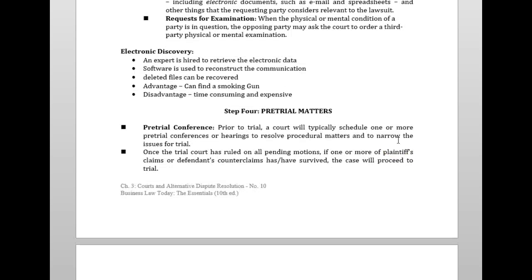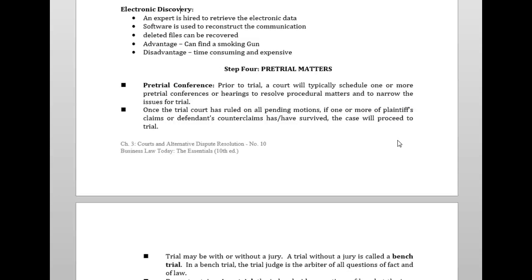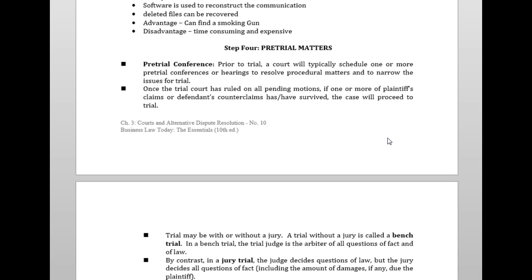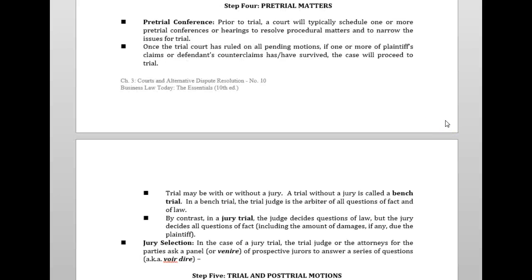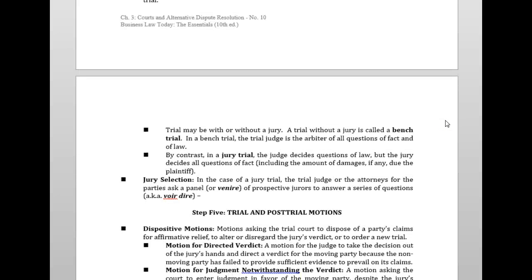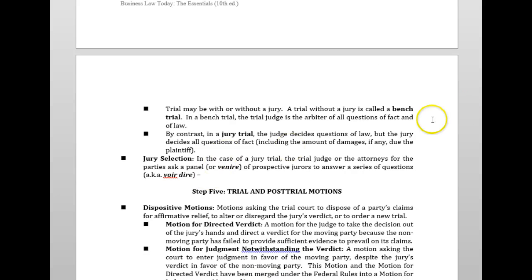Step 4 is pretrial matters, is what they call it. You can have a pretrial conference where the court will schedule one or more conferences just to resolve any procedural matters or to narrow the issues. It's sort of like, okay, we are going to court, so let's sit down and talk about this. If there are any more motions, this is where you will have them settled. You also decide if the trial is going to have a jury or be without a jury.